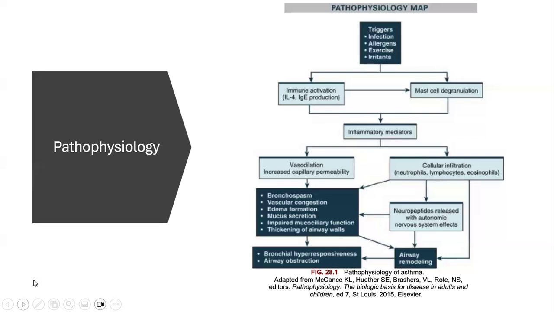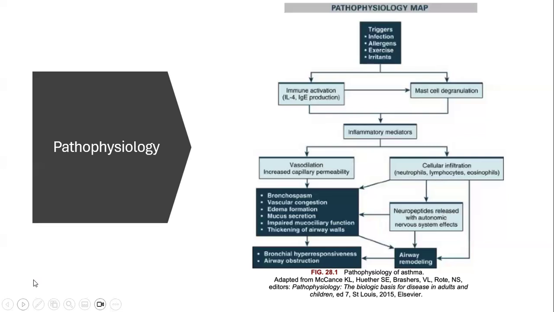Following this, the bronchial smooth muscles undergo spasms, known as bronchoconstriction or bronchospasm, further reducing airway diameter and increasing airway resistance. The combined effects of edema, mucus hypersecretion, and bronchospasm lead to episodic airflow obstruction, causing symptoms like wheezing, coughing, chest tightness, and shortness of breath.